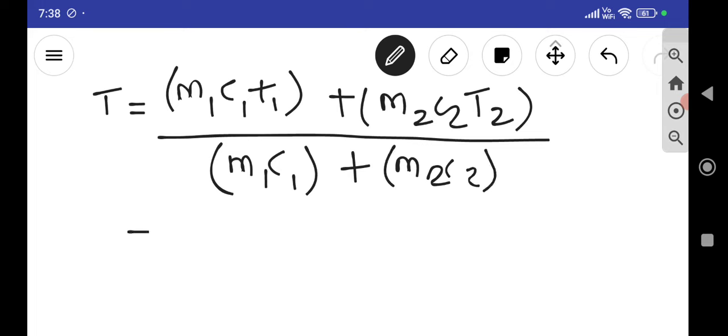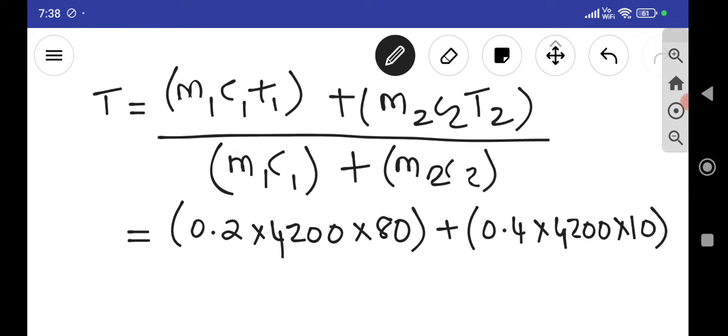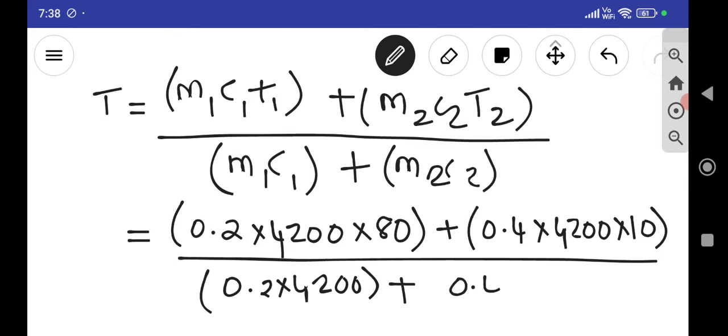So just substitute the values here: 0.2 mass into 4200 C, temperature 80, plus 0.4 is the mass, specific heat capacity 4200, temperature 10 degrees, divided by M1 C1 plus M2 C2.